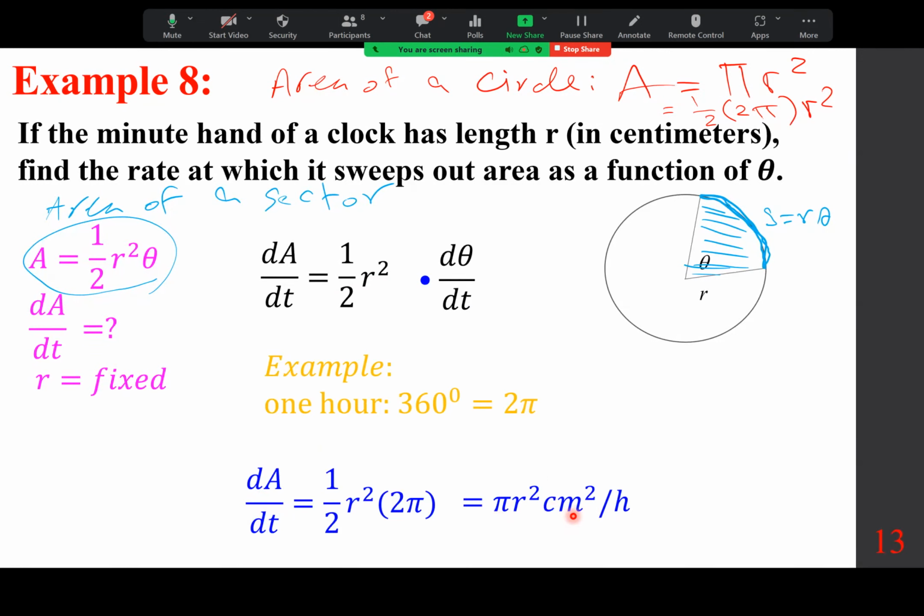So pi r squared, centimeters squared per hour, just as an example. Again, this is the end of the story as far as we are concerned.